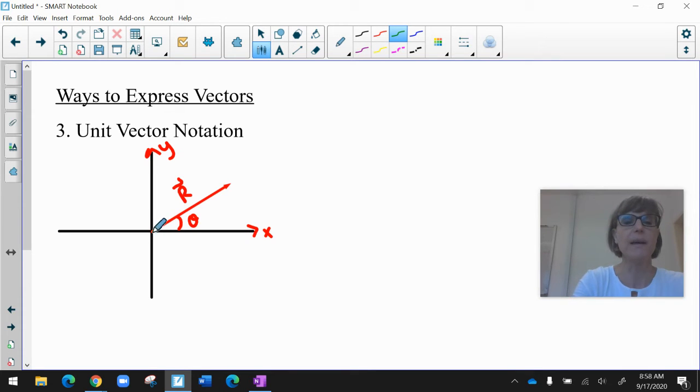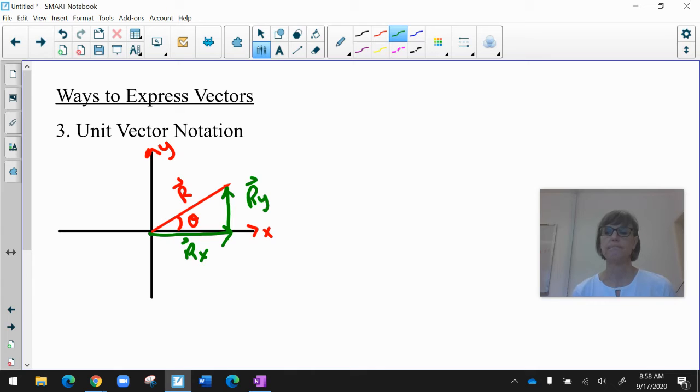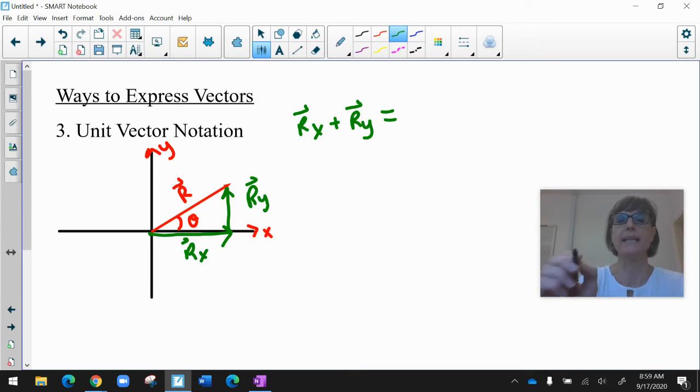Well, I could think about those as vectors, and I could think about moving this far in the x direction, for instance, if these were displacement vectors, and then this far in the y direction. And notice that I've got rx and ry added up tip to tail. So I've got rx plus ry added together. And remember that the resultant vector goes from the leftover tail to the leftover tip. And that's actually where I have r.